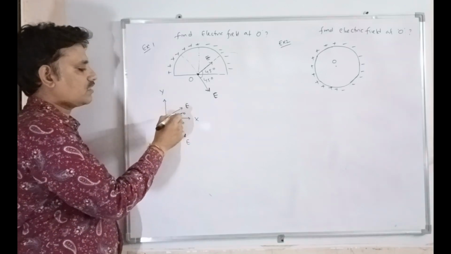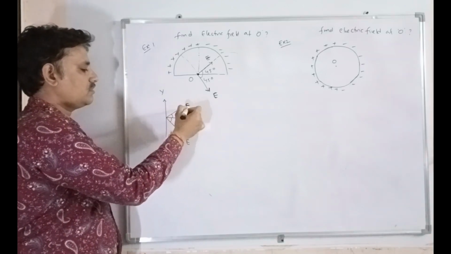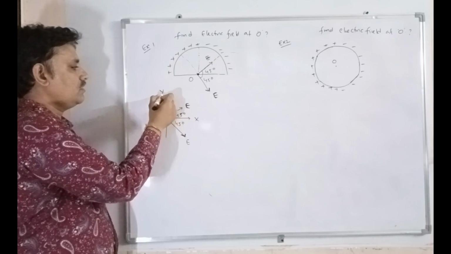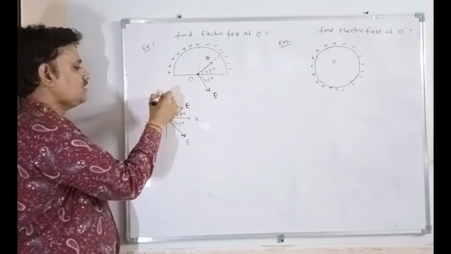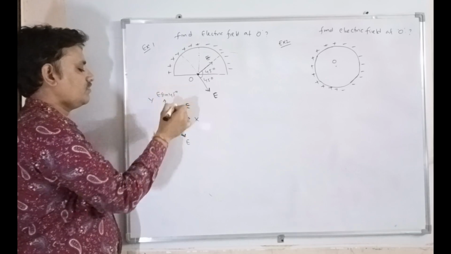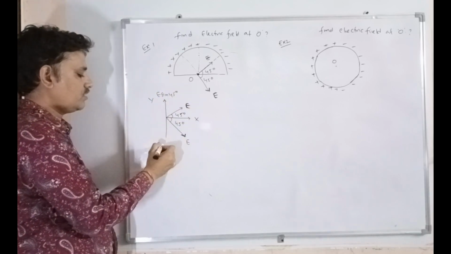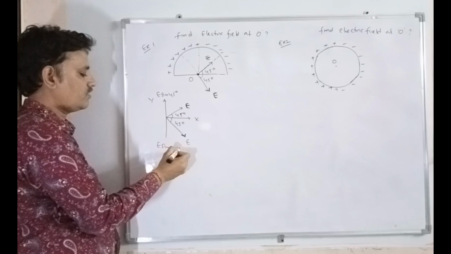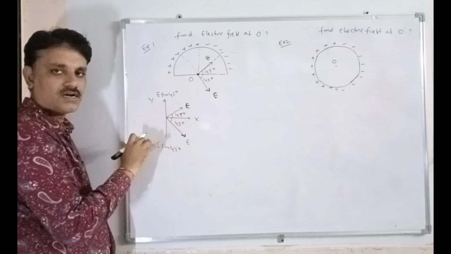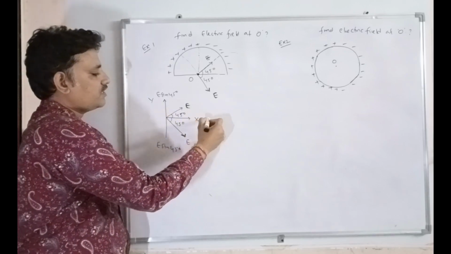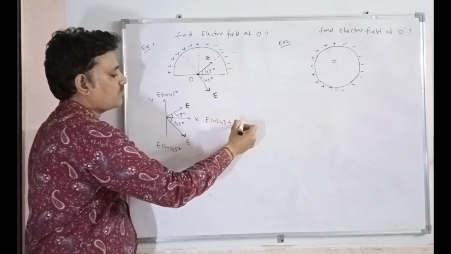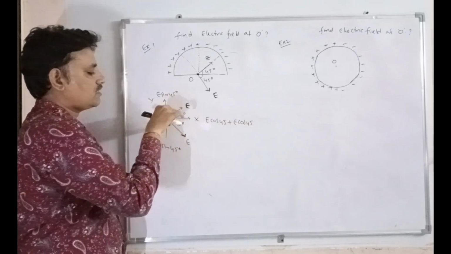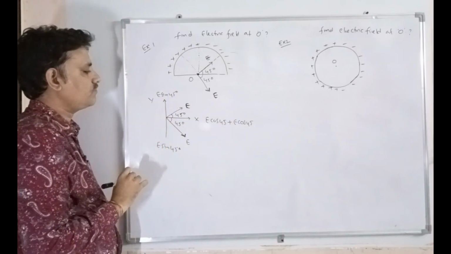So the component of the electric field E in the upward direction is E sin 45. Here also in the downward direction, E sin 45. In the X direction, E cos 45 plus E cos 45.